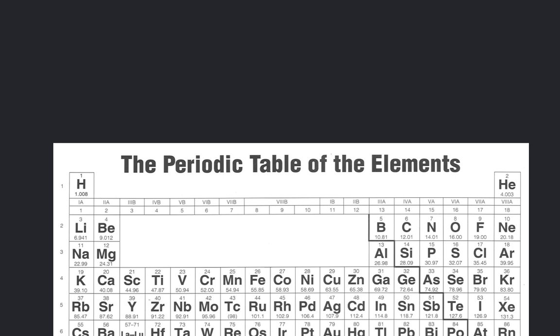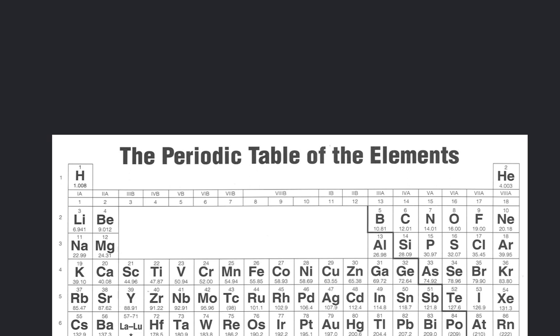All right, so the last thing I want to look at was electron dot diagrams for the valence electrons. If you're in group 1, you'll recall that you finish with an s1 configuration. So for hydrogen, hydrogen finishes with a 1s1 configuration, so it's going to have one dot around its element to show its valence electron.